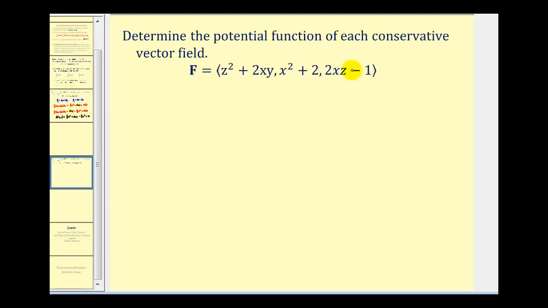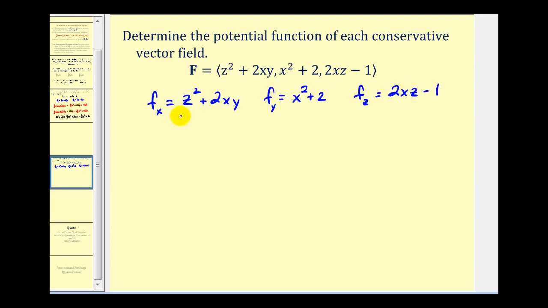Here we have a three-dimensional vector field, and since we're told that it is conservative, we know the partial derivative of f with respect to x would be z squared plus 2xy. The partial derivative of f with respect to y would be x squared plus 2. And the partial derivative of f with respect to z would be 2xz minus 1.